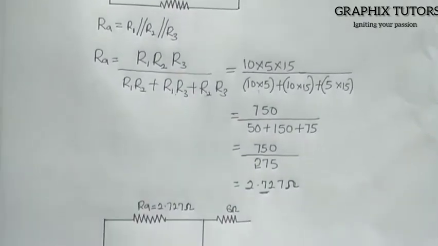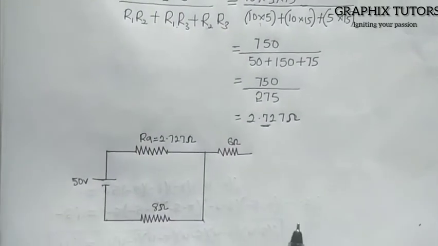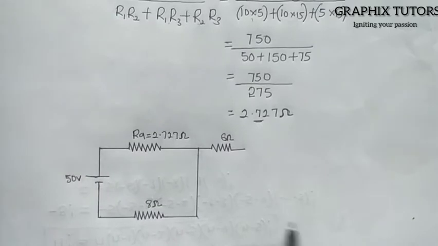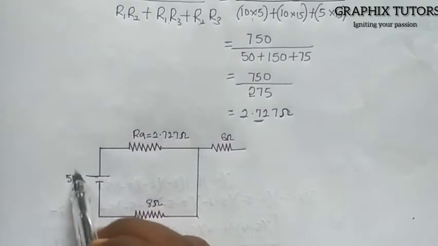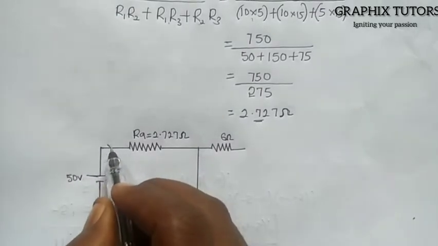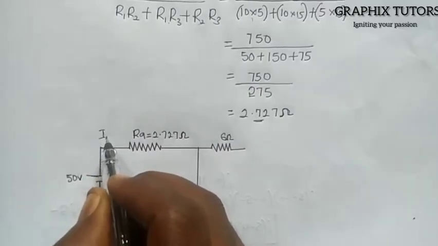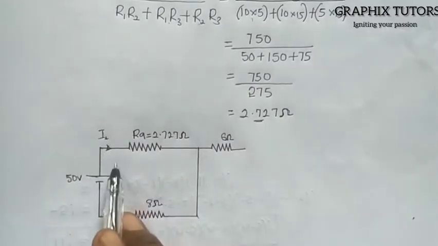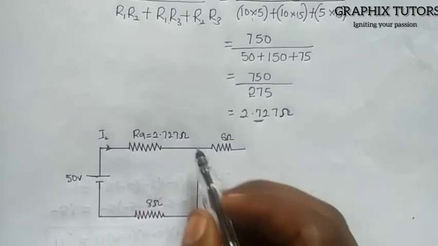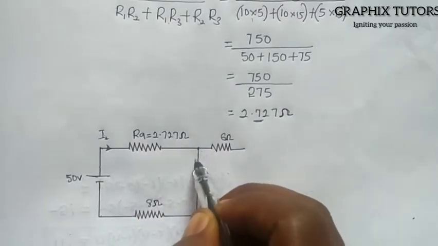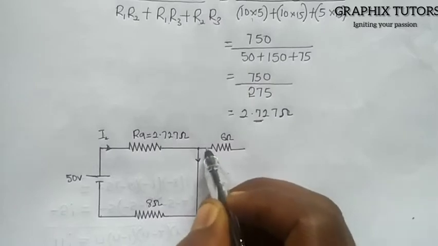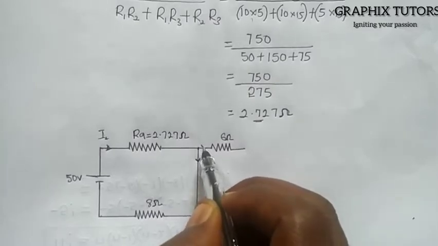Now we proceed. If you notice, the same current this 50 volts produces, which is our I total, let me say the IA, comes here, passing through this. When it gets here, it splits.